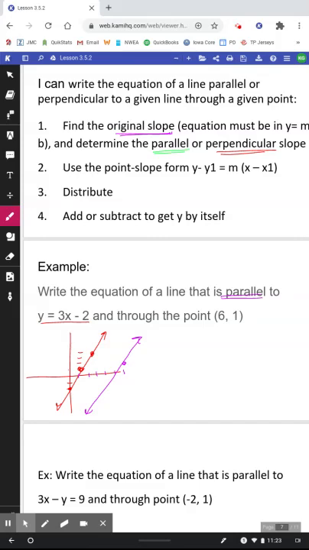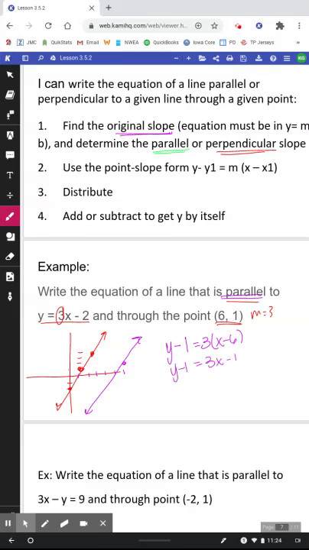So the first thing I have to do, according to my notes, is take the slope from the red line. It's 3. And determine if you want parallel or perpendicular. Well, the direction said parallel, so I'm also going to use slope as 3. Here's my point for the purple line. And so I just start with y minus 1 equals 3 parentheses x minus 6.